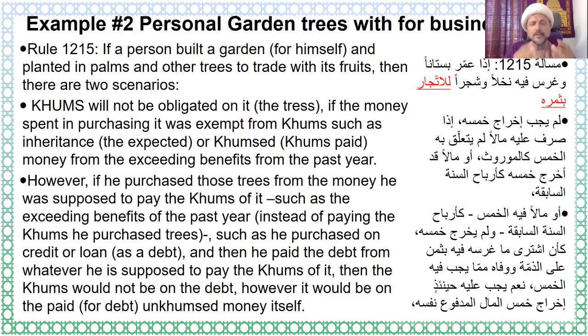Or you planted some trees in the garden so that you can get the fruits and sell, or sell the wood of it. So therefore, we have this situation where we have this garden and we have to sell the fruits of this garden. The garden is personal and the trees are for business purposes.